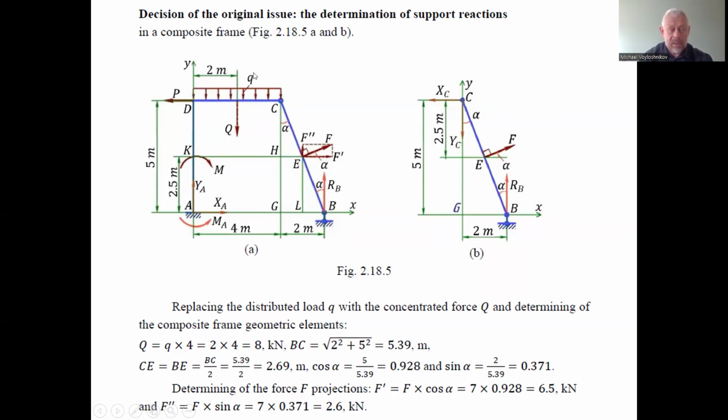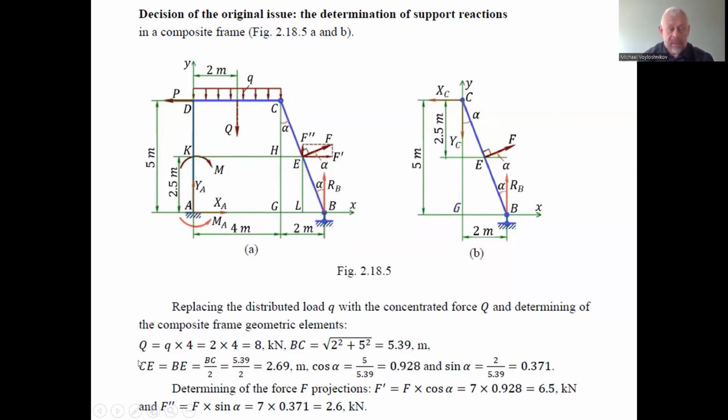So this is the distributed load multiplied by 4. 4 is the leg DC, and we have H kilonewton. The BC, the diagonal, is equivalent to the length of the rod BC. We can find by Pythagoras theorem as square root of 2 squared plus 5 squared, the sizes of the legs of the right angle triangle, equal to 5.39 meter.